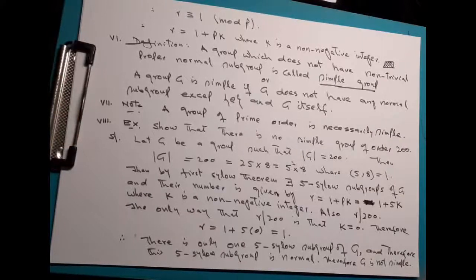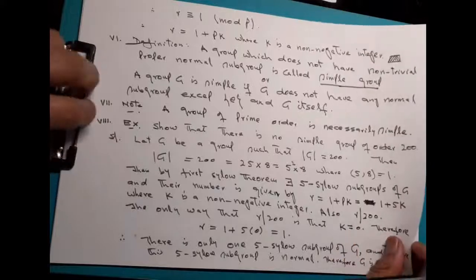So any group of order 200 cannot be simple. We have proved that any group of order 200 cannot be simple.